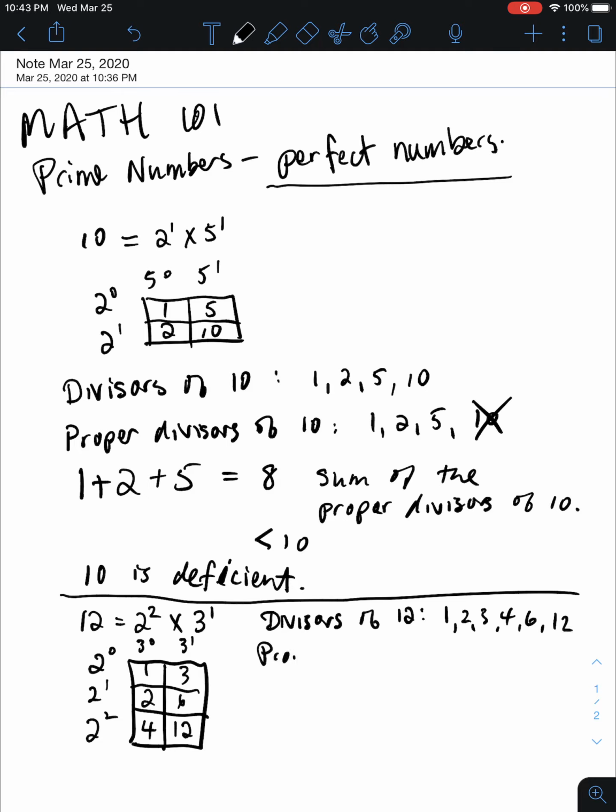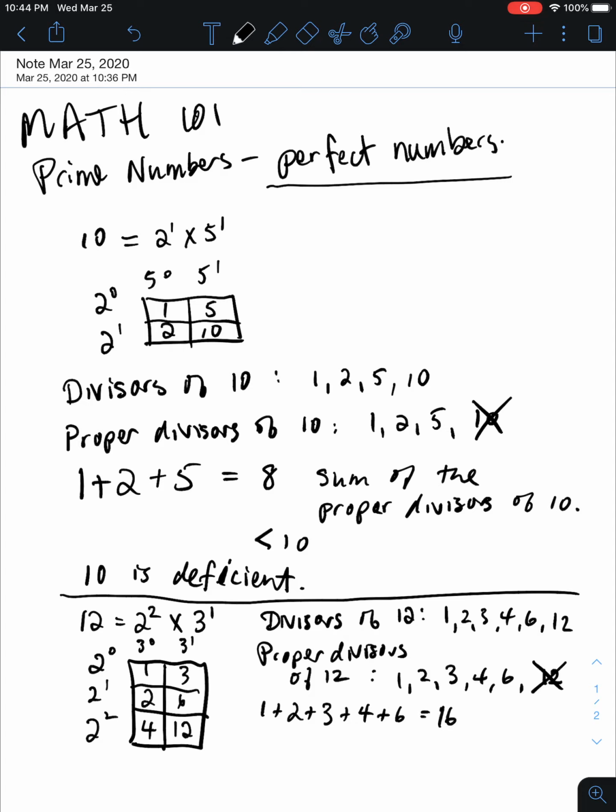And the proper divisors of 12 are 1, 2, 3, 4, 6, and not 12. So there are 5 proper divisors of 12. Let's look at what happens when we add them up. 1 plus 2 plus 3 plus 4 plus 6, and that is equal to 16.